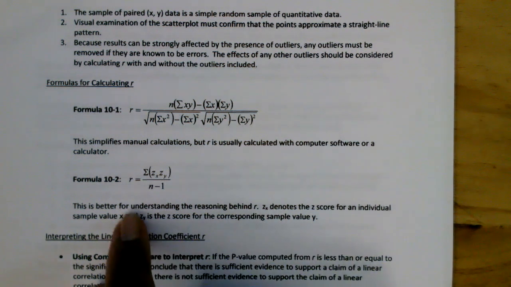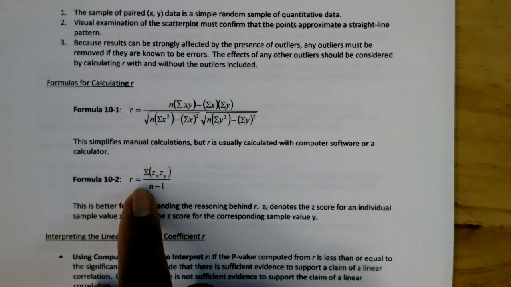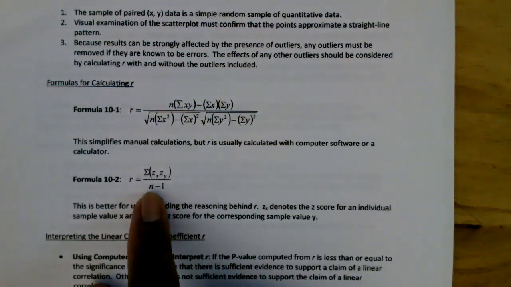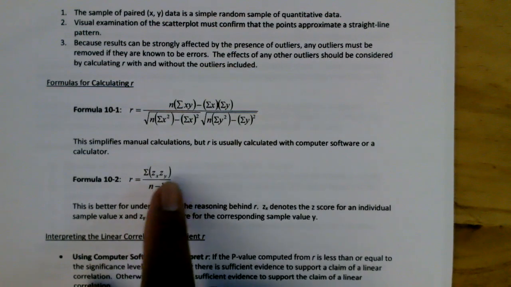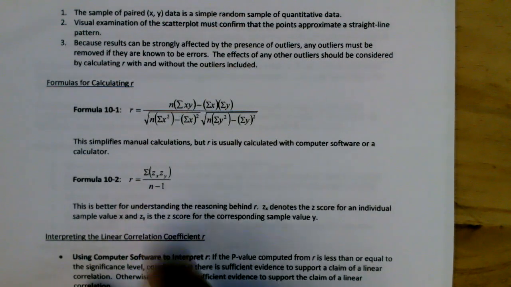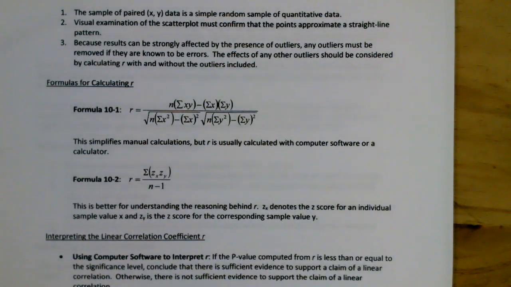All right, now the other formula says r is equal to the sum of z sub x times z sub y, all divided by n minus 1. They use this formula to better understand the reasoning behind r, where z sub x denotes the z-score for an individual sample value x, and z sub y is the z-score for the corresponding sample value y.